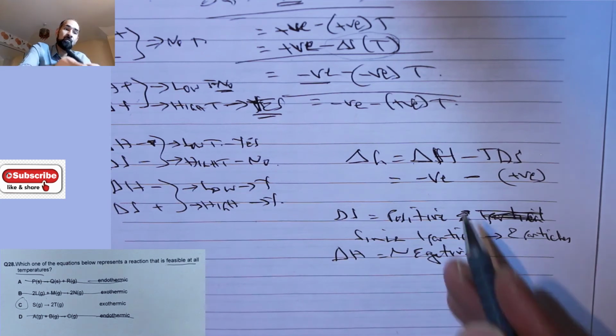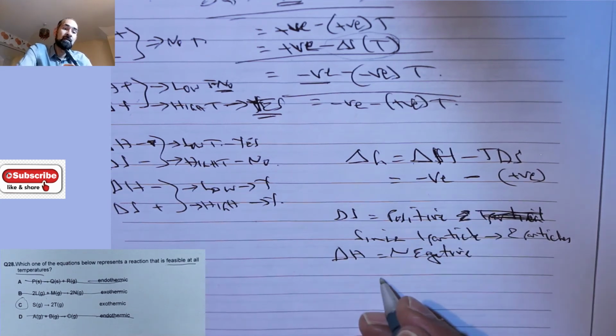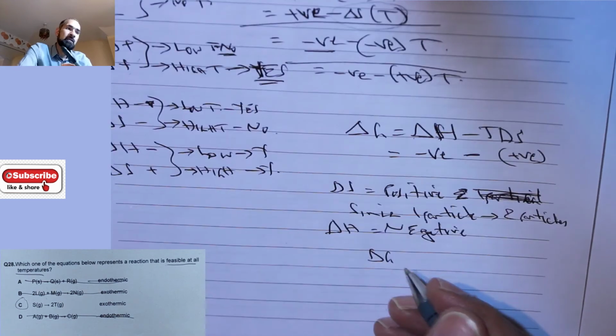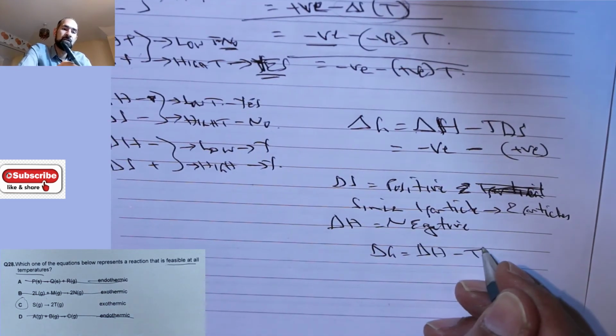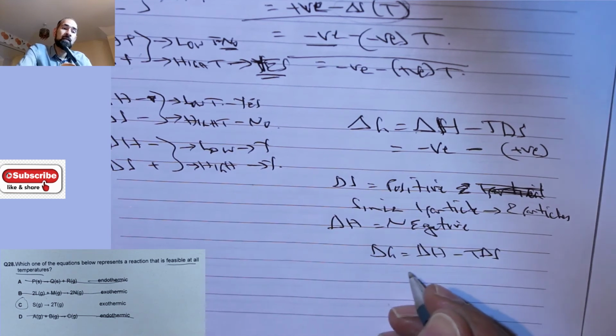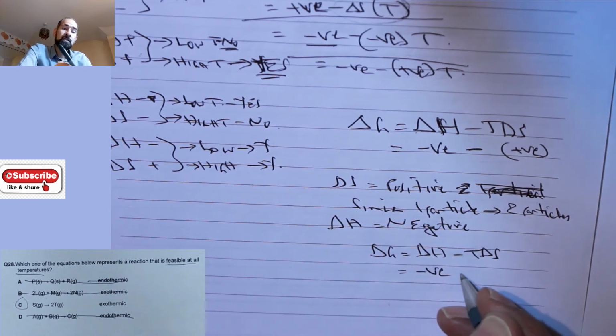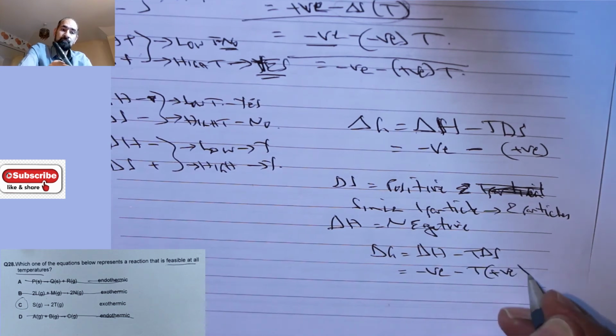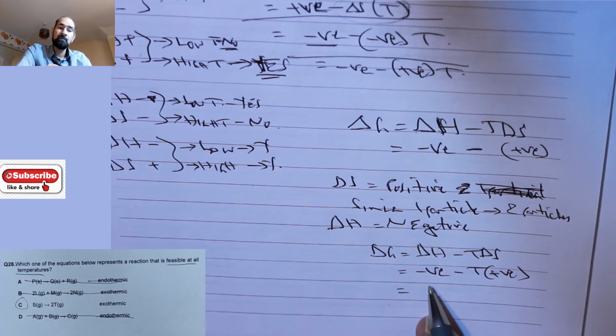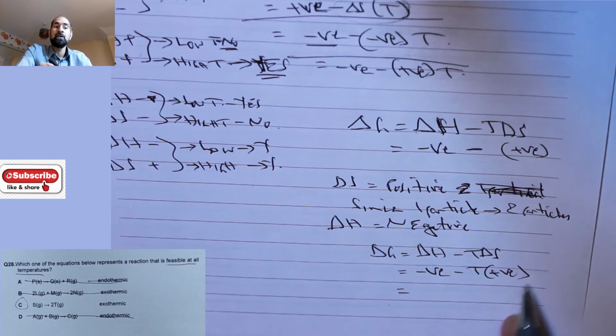And therefore I'm going to use that, and say delta G equals delta H minus T delta S, so negative minus T delta S, and what is that? Negative. A negative number, take away any positive expression, will always give you a negative number.